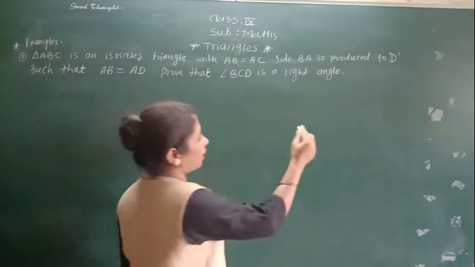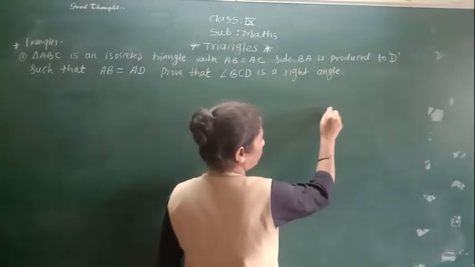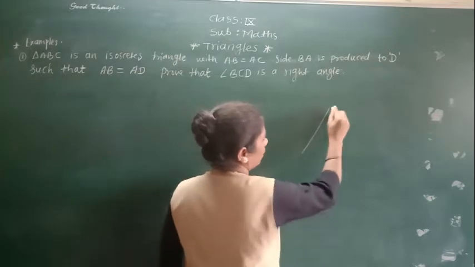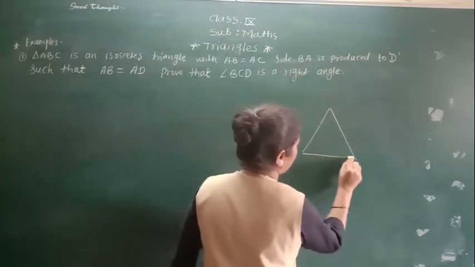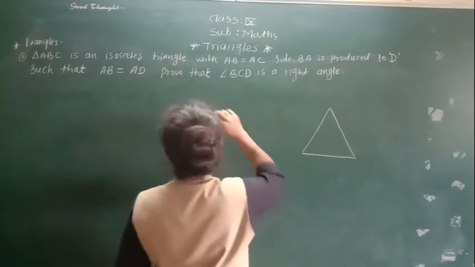Now, according to the example, we will draw the figure. Triangle ABC is which type of triangle?